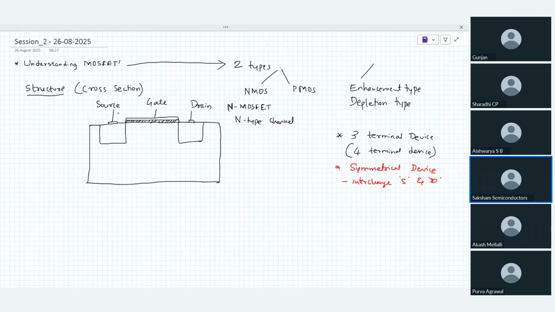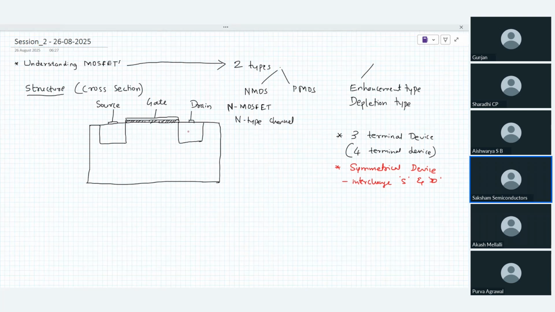That means I can name the source and drain accordingly, or in the due course of working, based on the voltage, your source and drain would get defined. There is no fixed source and drain, but normally as per the convention we go this way. When we talk about the NMOS or PMOS, we define source and drain as per those conventions.